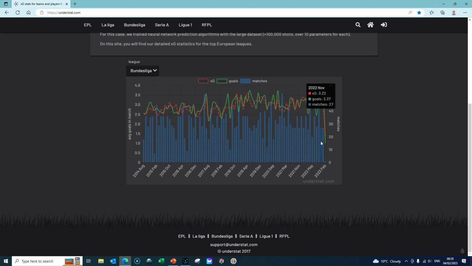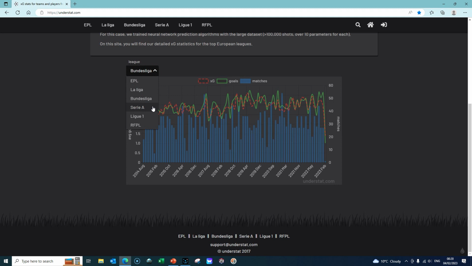Again 3 goals a game in November, 27 matches played, and December and January 3. They have a winter break, don't they? So 27 matches played, and they're still hitting nearly 3 to 4 goals a game. So if you were looking for goals, go to the Bundesliga. That league is full of goals, and doesn't seem to be affected by the World Cup. They must have had a bit more of a break than the Premier League did.